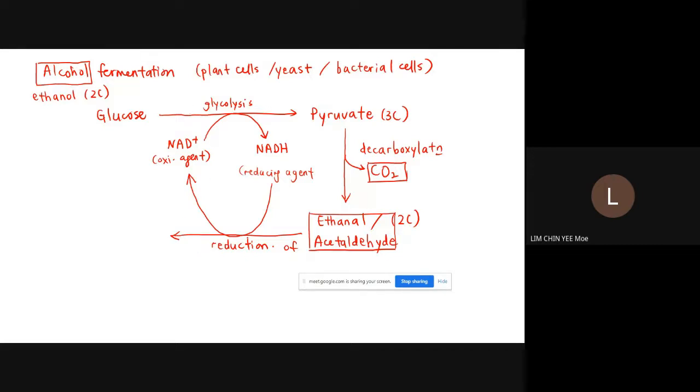Now, after reduction of acetaldehyde using NADH, barulah dia jadi ethanol, which is the final product. That's the reason why we have carbon dioxide and ethanol as well as ATP, semasa glycolysis, as the products for alcohol fermentation.